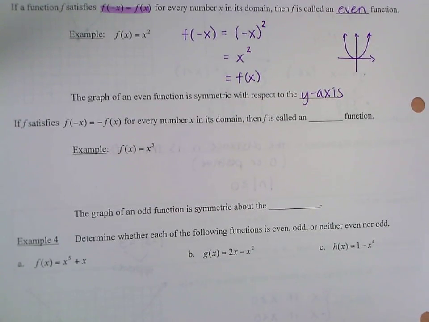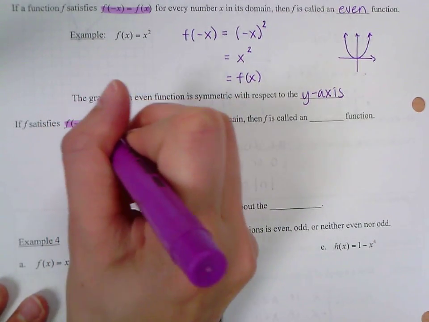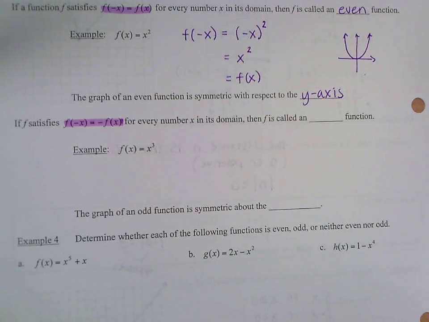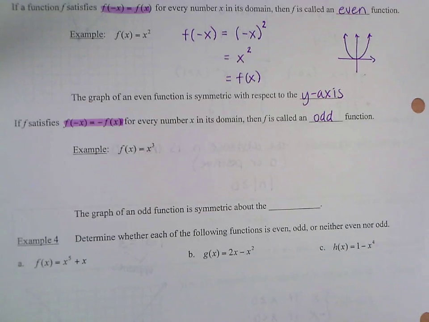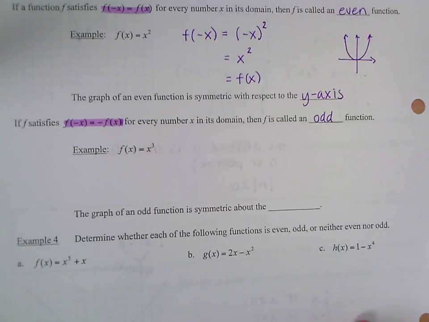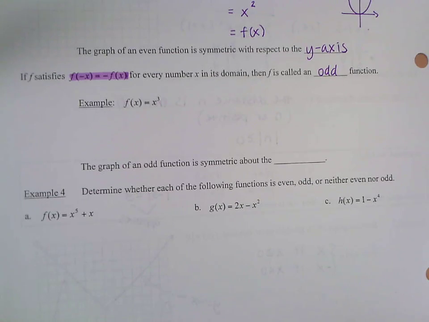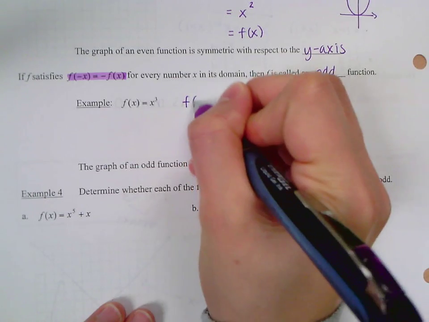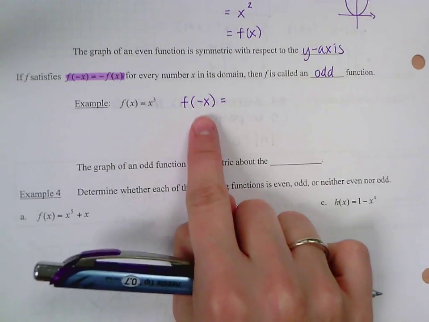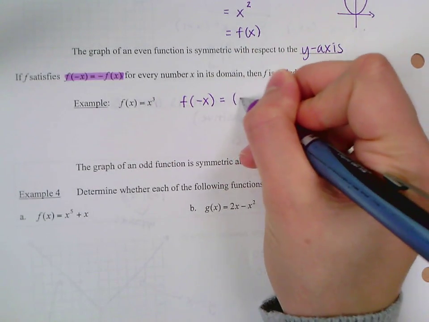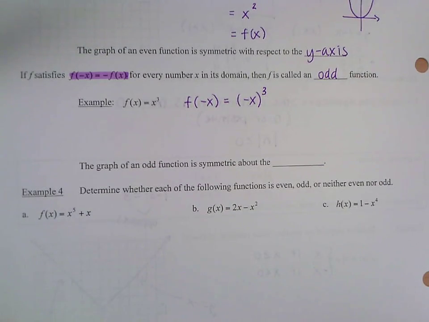All right, so then for odd functions: if f satisfies f of negative x equals the opposite of f of x for every number x in its domain, then f is called an odd function. I have an example, f of x equals x cubed. If I find f of negative x, I substitute negative x in for x, and I'd have the quantity negative x, cubed.